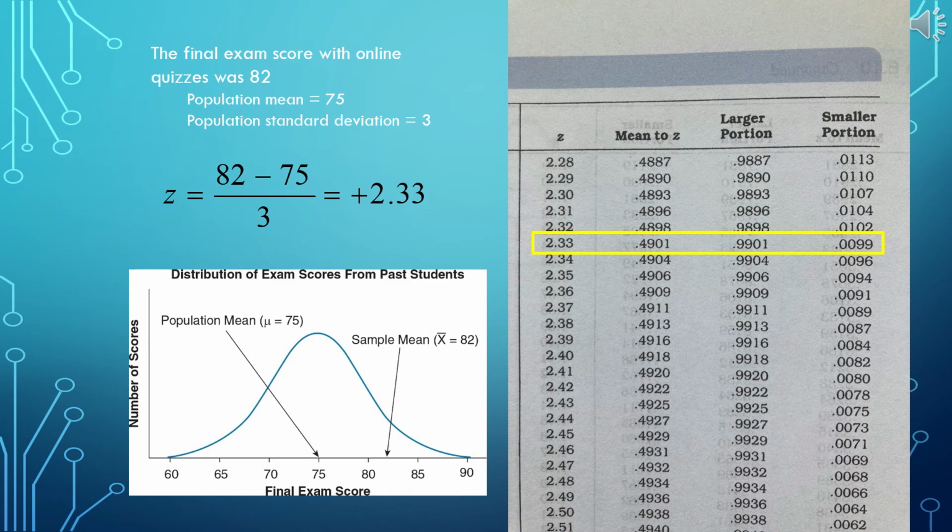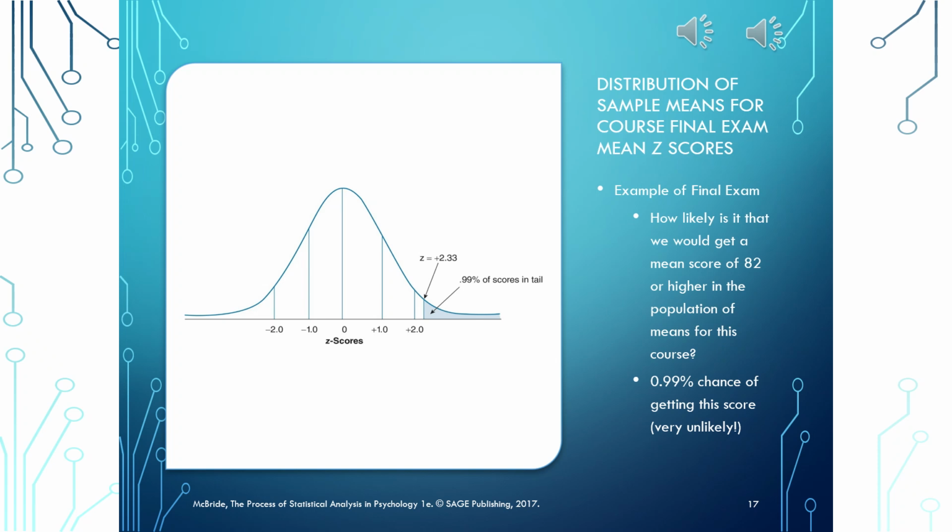So that is going to tell you that 99.01% of all the scores lie below a z-score of 2.33, and only 0.99, less than 1% of all the scores, are at or above the sample mean of 82 and the z-score of 2.33. So if we transform that sample mean final grade score of 82 into a z-score, it turns out to be 2.33 standard deviations above the mean.